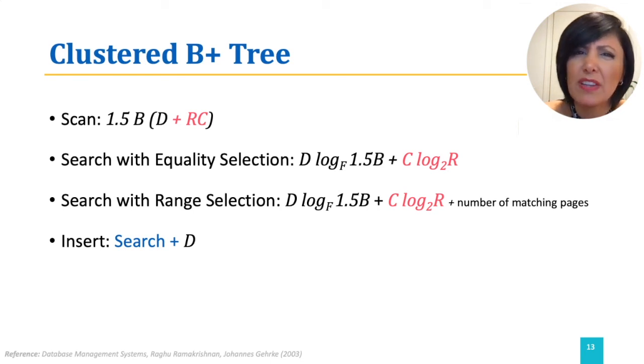So usually there should be enough space to add the new record without any additional work. Occasionally, if the leaf page is full, there is a need to fetch and modify other pages. But we ignore that here and assume the case that the page has enough space. In this case, the cost of insert would be the cost of search plus updating the page, which is D.